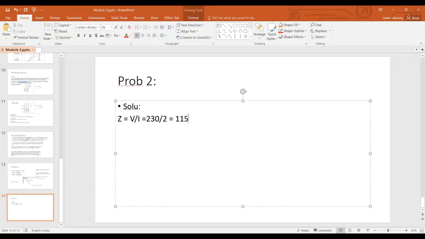So 115 ohm. That's the impedance. And then you can find out the resistance. Current is given, right? So for power you can take P is equal to I squared R. So R is P by I squared.